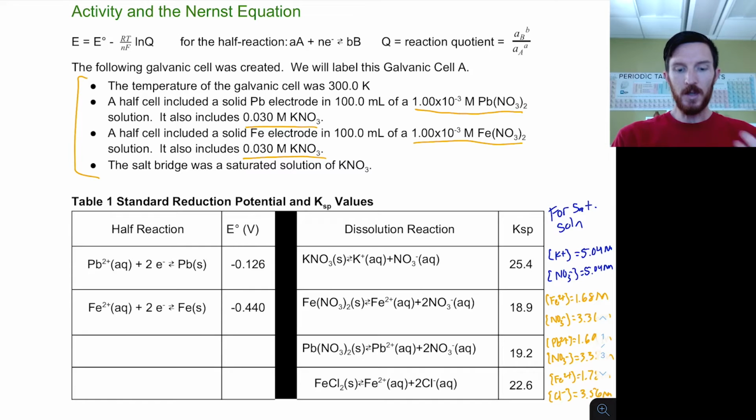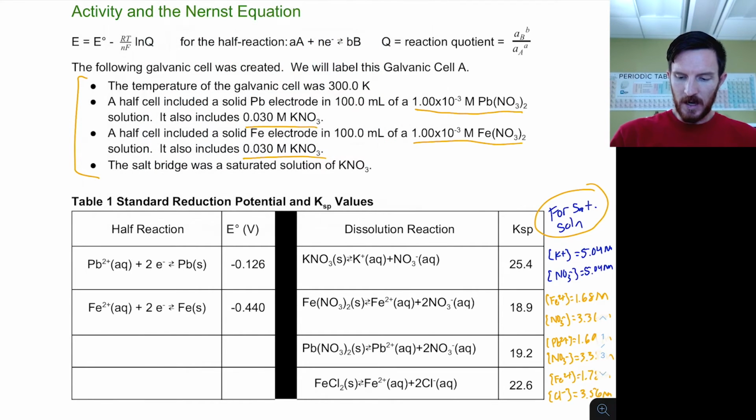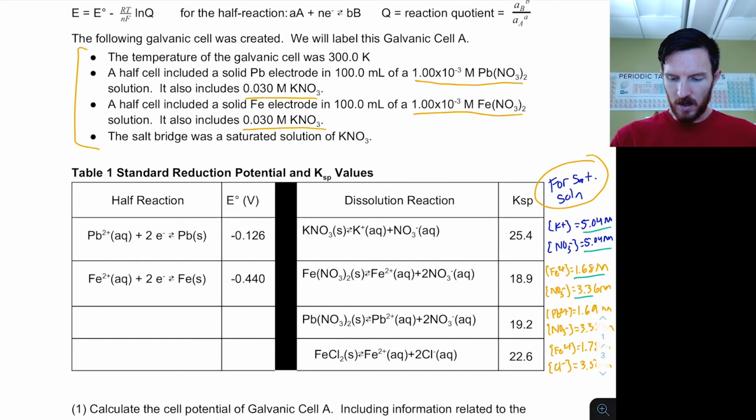When we're looking at identifying whether all of these solutes are completely dissolved, we have these Ksp values provided to us. Over here, I've calculated what we would have for a saturated solution. So if we have an equilibrium present where we have as much potassium and nitrate, or iron and nitrate, or lead and nitrate, or iron and chloride dissolved for these different substances, we see these values are fairly large concentrations.